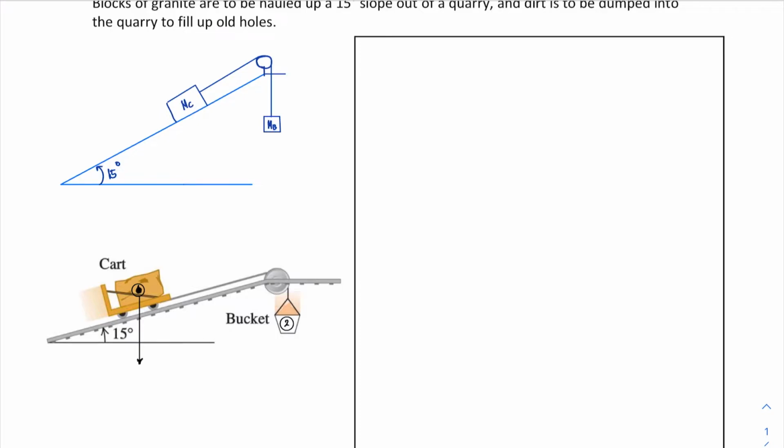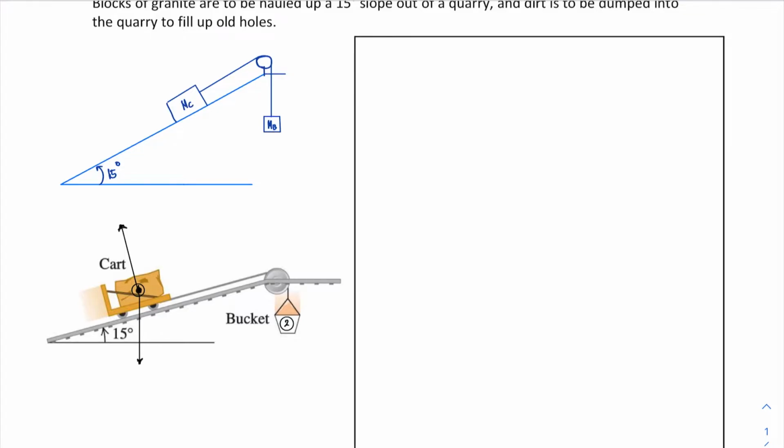Okay, that is downward, and take note there is another force that exists here, since there is a contact between your cart and the surface. When I say the surface, I'm talking about this one here. Since there is contact between the surface and that object, there must be a normal force. The normal force also is always perpendicular or 90 degrees with respect to the surface.